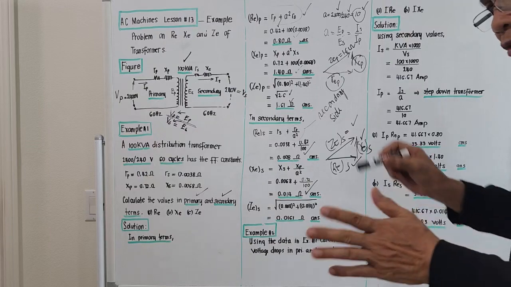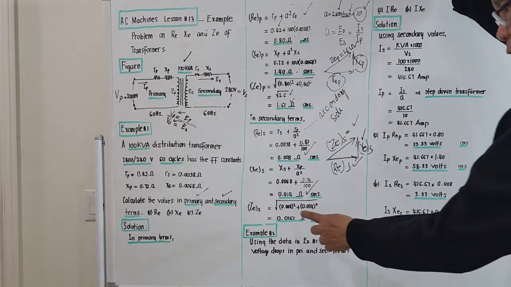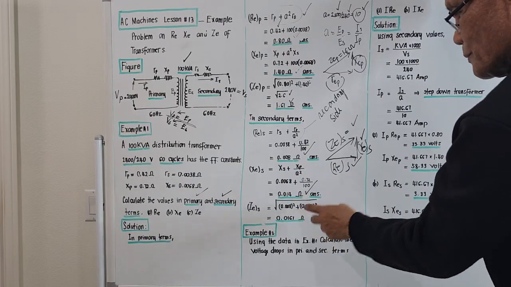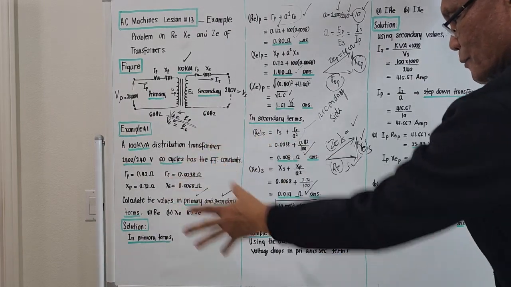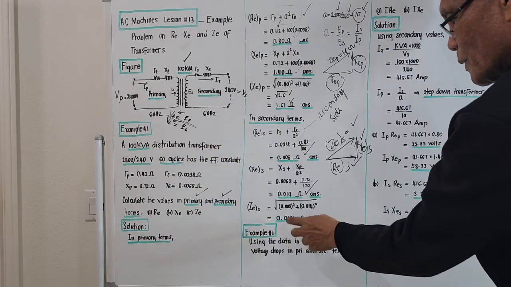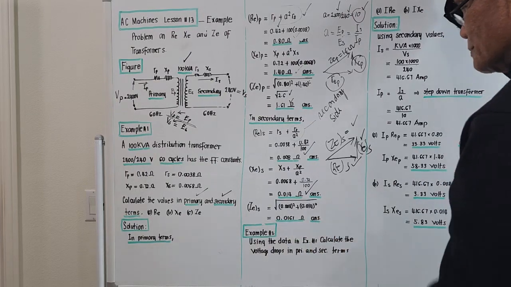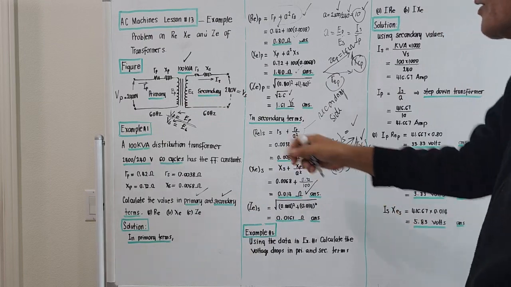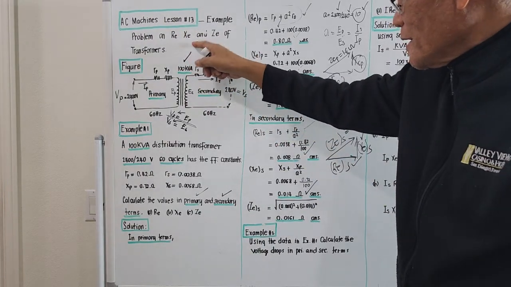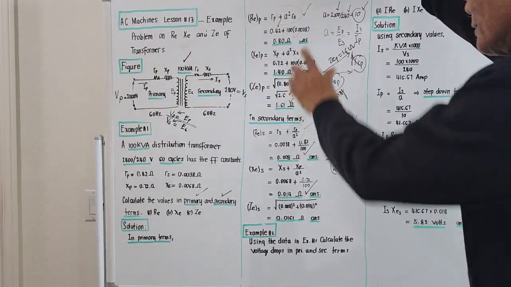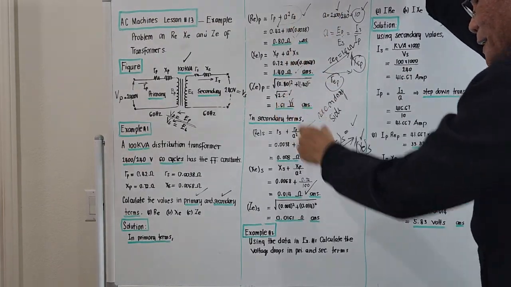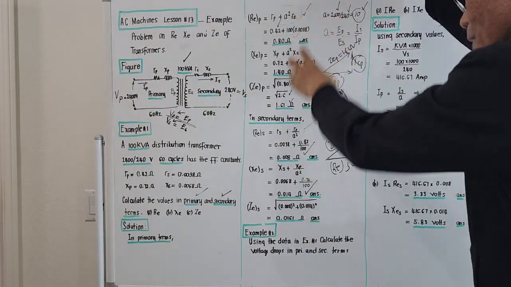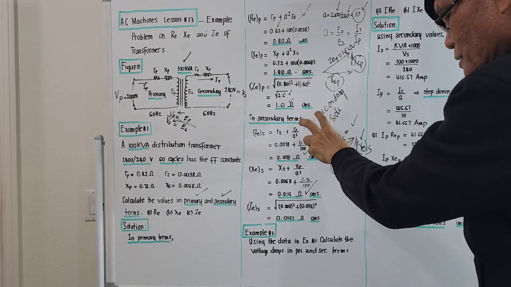So using the Pythagorean principle, it will be the square root of 0.008 squared plus 0.014 squared. Okay, I will just give you the final answer. It's 0.0161 ohms. So we are now given the values of R_E, X_E, and Z_E referred to the secondary side. The first one was referred to the primary side, and the next one is the secondary side.